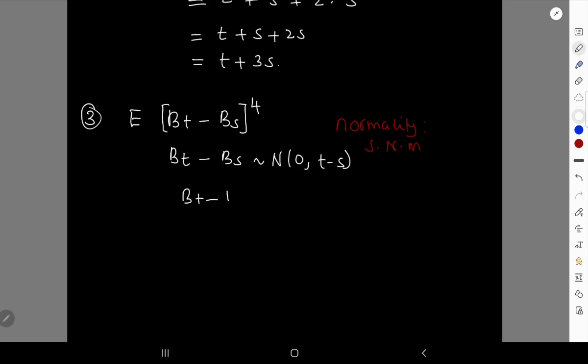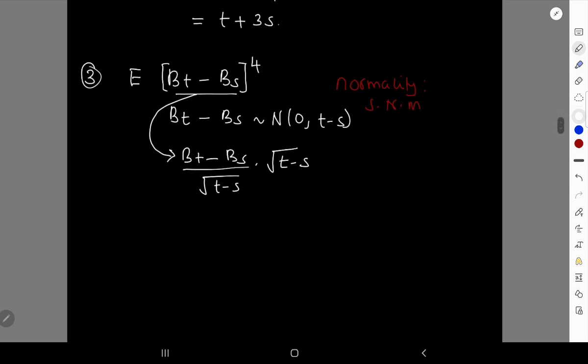B_T minus B_S divided by the square root of its variance. Now we have made it standard normal, and because we don't want to change the process, we multiply by the square root of the variance. So whatever is in the bracket, we can replace with this.